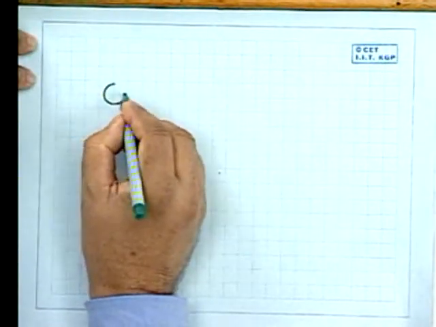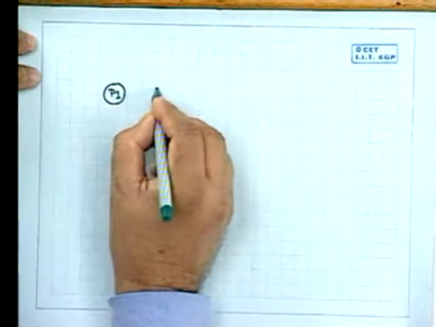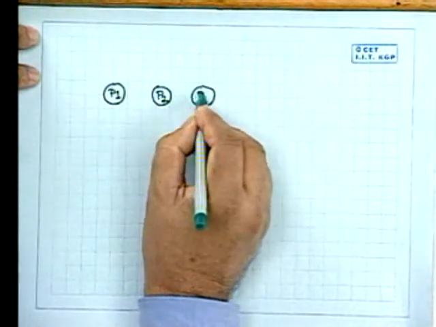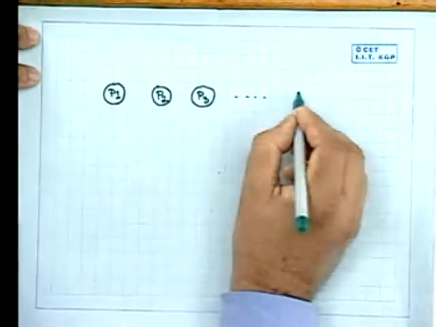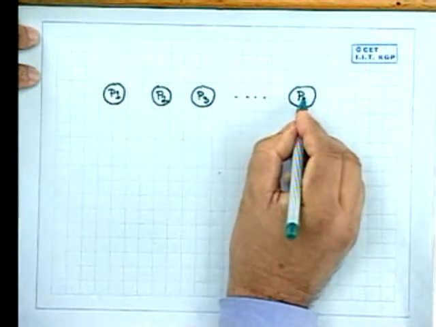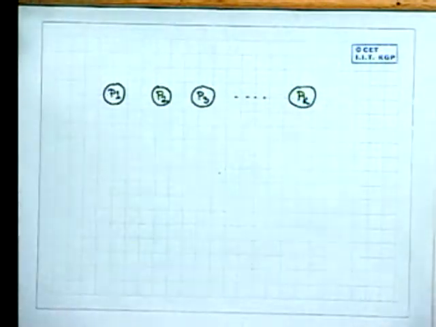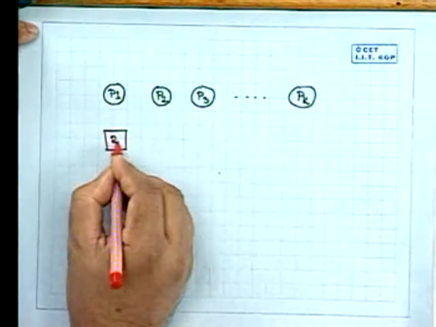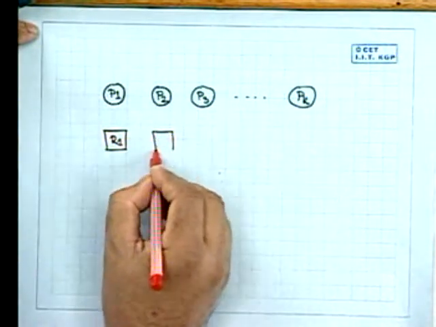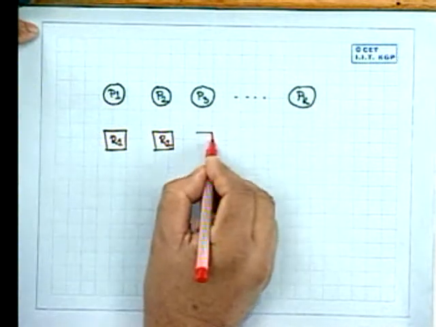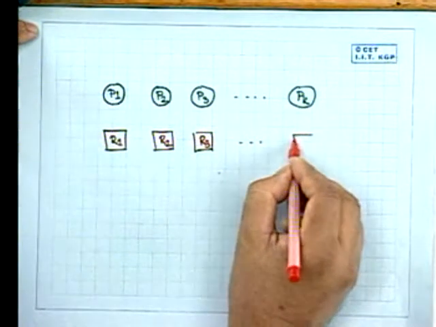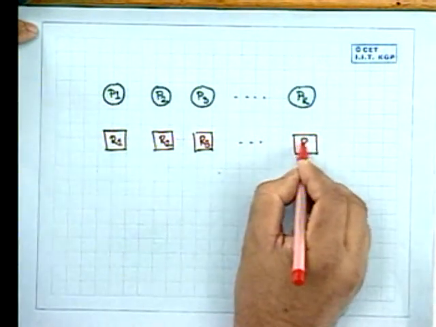Let us take an example. Say we have several processes: P1, P2, P3, and so on, up to Pk, and we have resources R1, R2, R3, and so on.